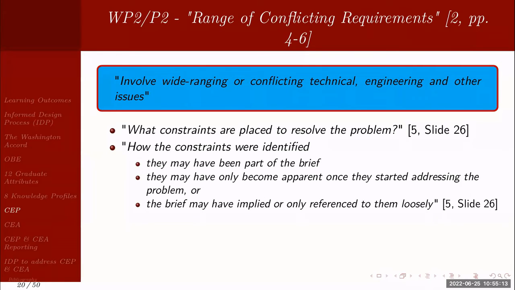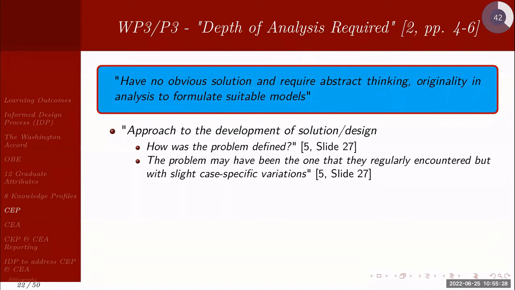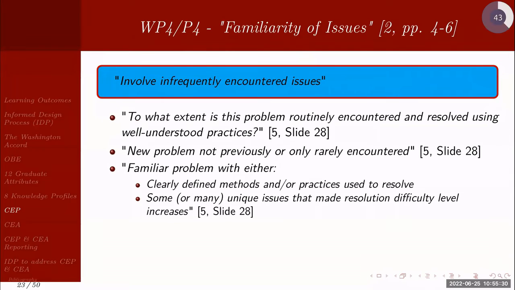P3, depth of analysis required: have no obvious solution and require abstract thinking, originality, and creativity in analysis to formulate suitable models. P4 is involve infrequently encountered issues, so it should not be a very common one.